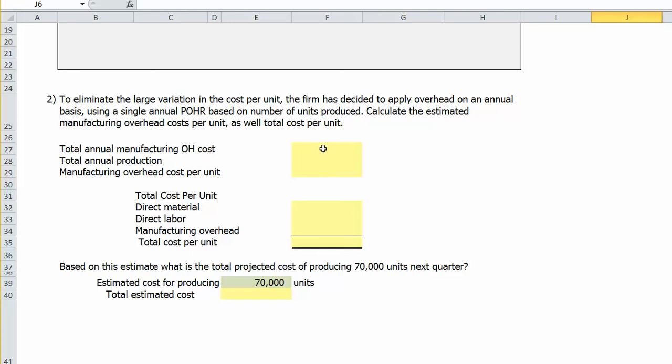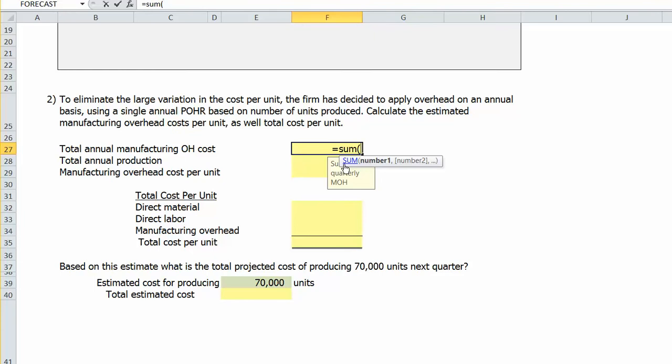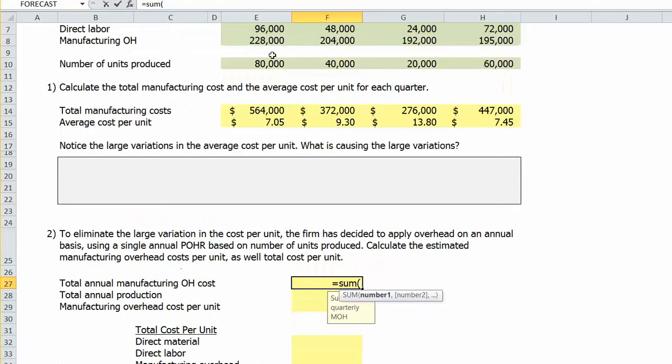Let's begin by taking our total manufacturing overhead cost for the year. That's simply equal to the sum of our 4 quarters: the 228,000, the 204, the 192, and the $195,000. So our total manufacturing overhead is $819,000.